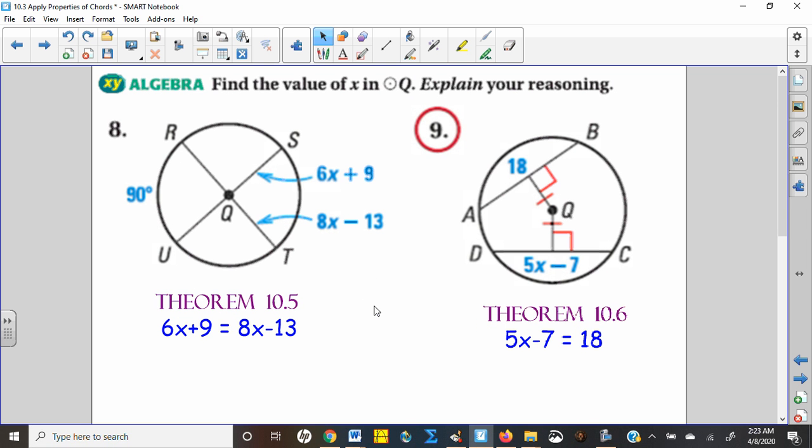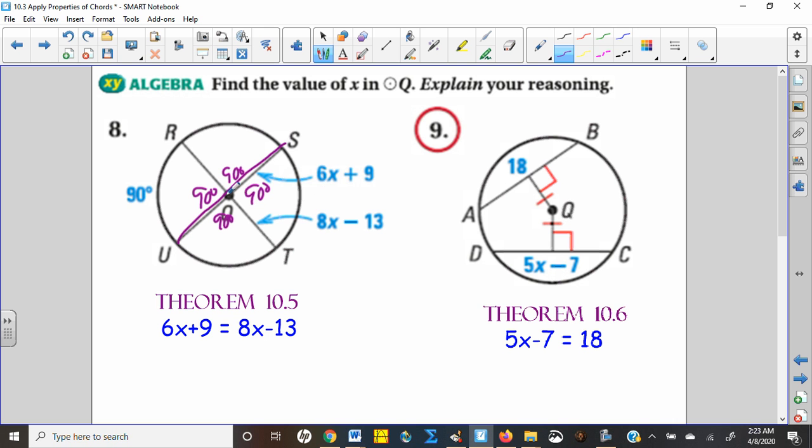Number eight is actually a little bit more interesting. You've got two diameters that are intersecting each other. If you weren't sure they were diameters, notice that this arc is 90. That means this central angle is 90. But then by vertical angles or linear angles, you get a whole bunch of 90s. That definitely tells me that 180 degrees, that's a diameter, that's a diameter.